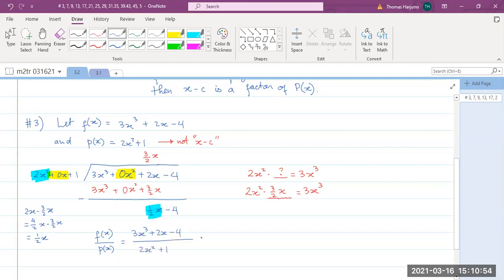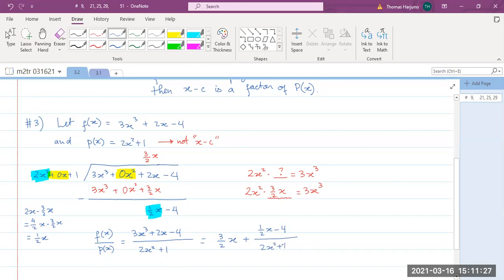When we divide that, we will get 3 halves x plus the remainder 1 half x minus 4 over 2x squared plus 1.